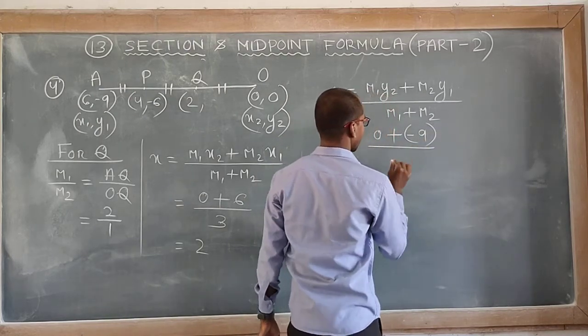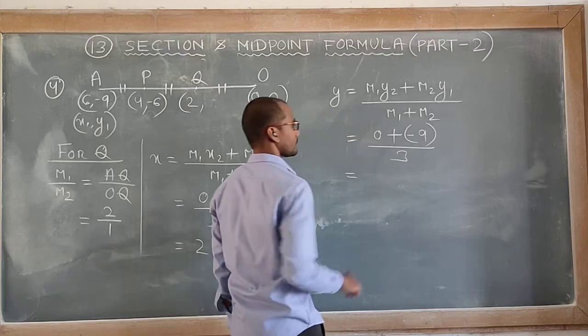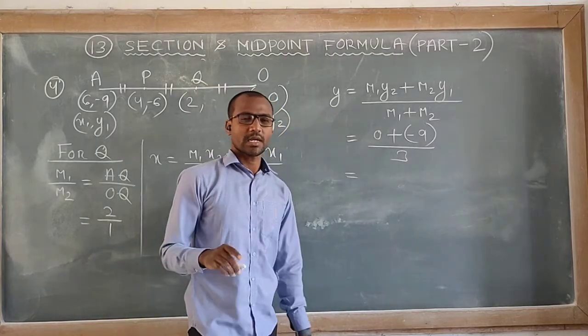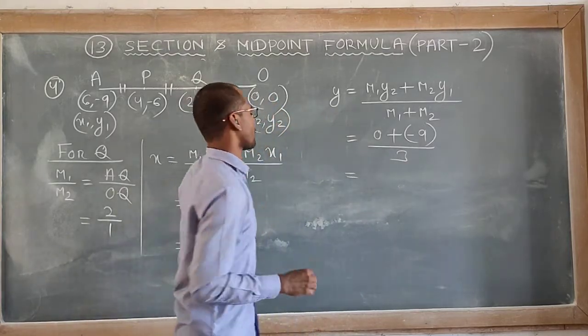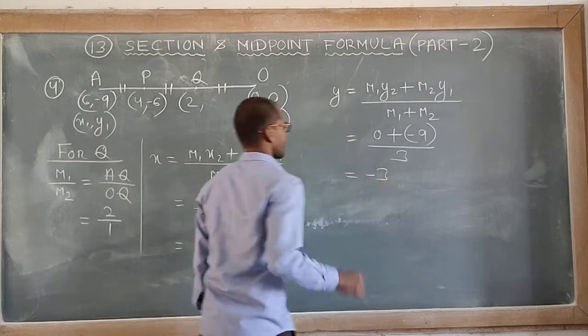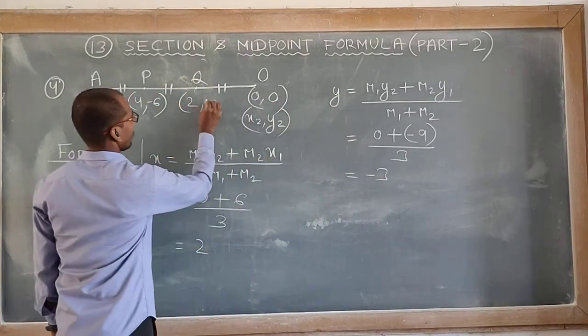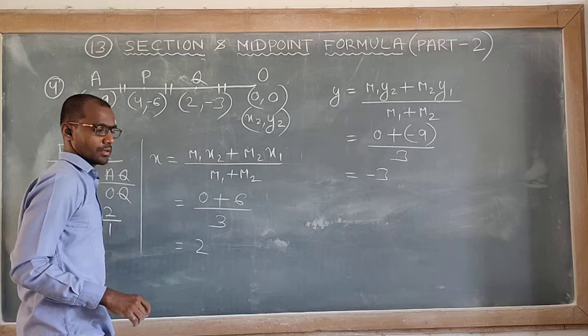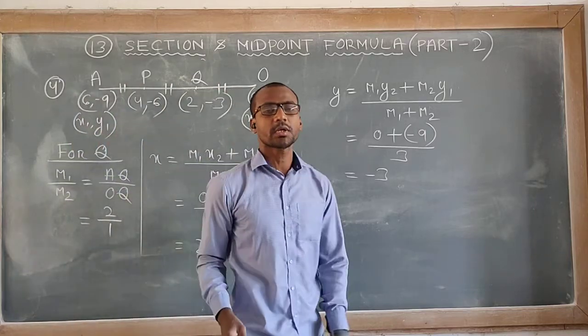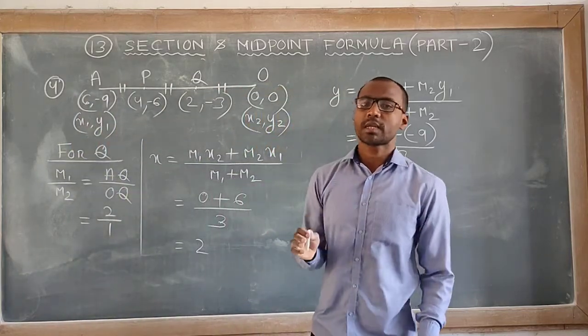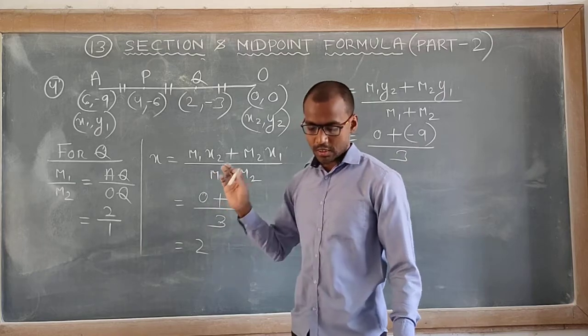Then M1 plus M2 is 3. 0 plus minus 9 is minus 9, minus 9 by 3 is minus 3, so this is the y coordinate of point Q. So hence we have got the coordinates of points P and Q, which are the points of trisection of the line segment AO.